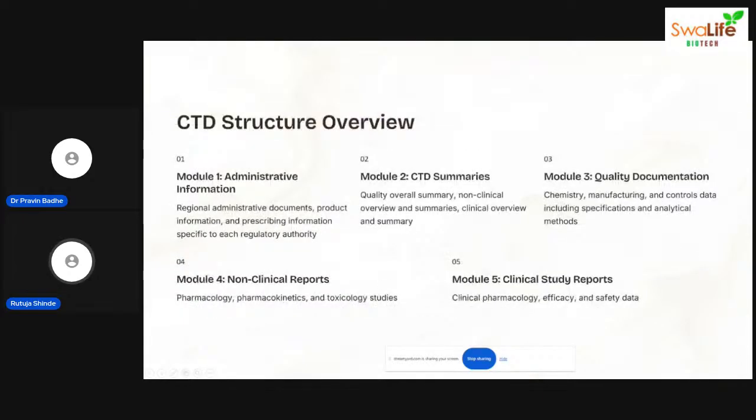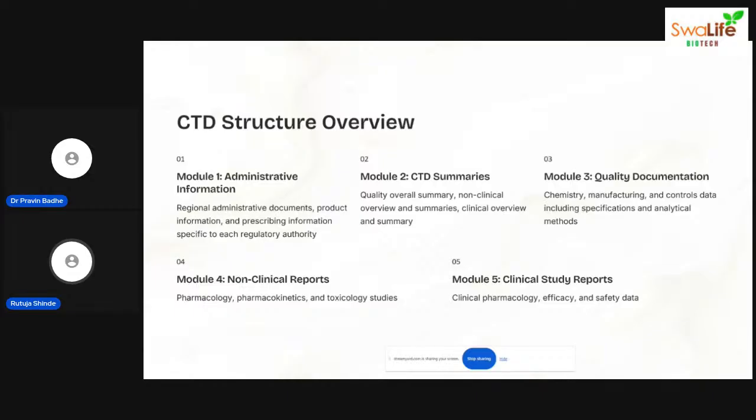Next is the CTD structure overview. So we'll see the CTD is structured into 5 modules. First contains administrative and regional information. Second gives a summary overview of the whole dossier.